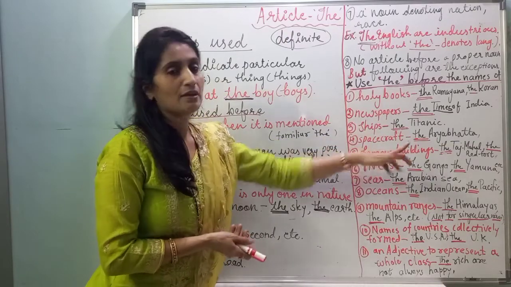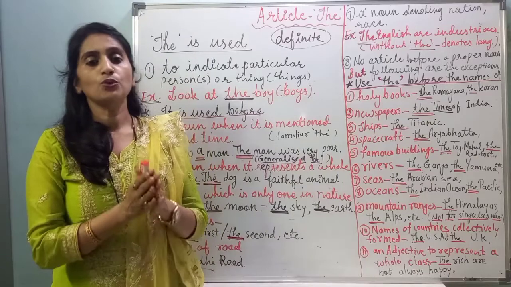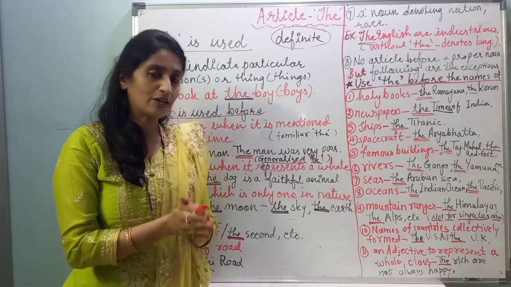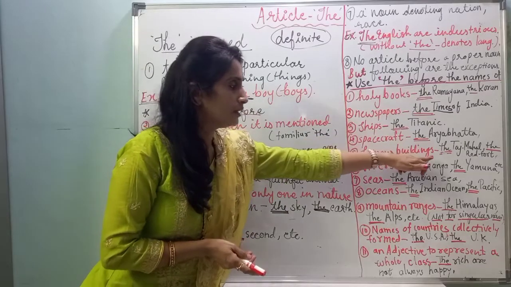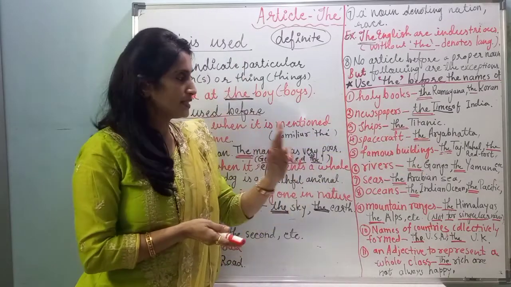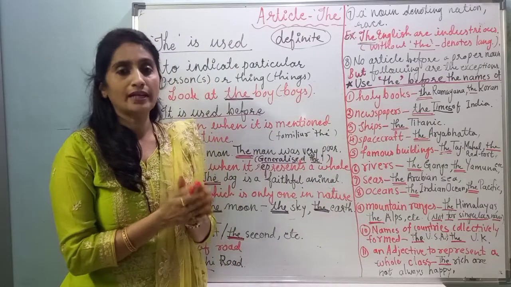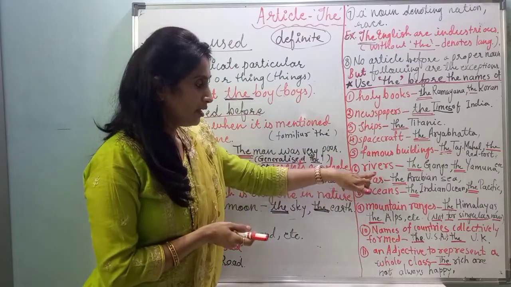Next one is famous building. Whenever you talk about famous buildings, you should make use of the article the. For example, the Taj Mahal, the Red Fort, etc. Like this. Then rivers.